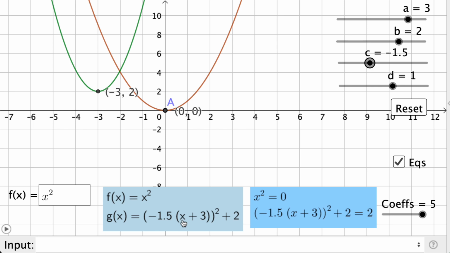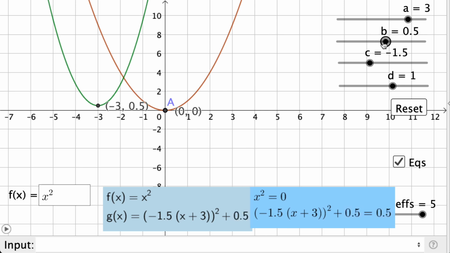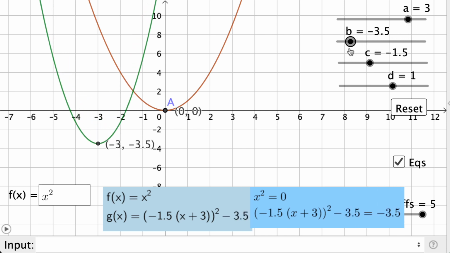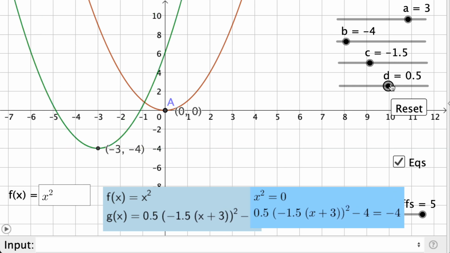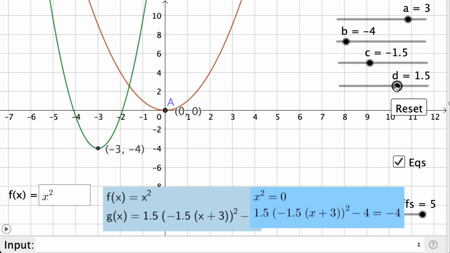That's why in vertex form, this value of a doesn't have any relationship to the location of the vertex. As I said, if we had had some x-intercepts, then in fact changing the value of d would change our x-intercepts.